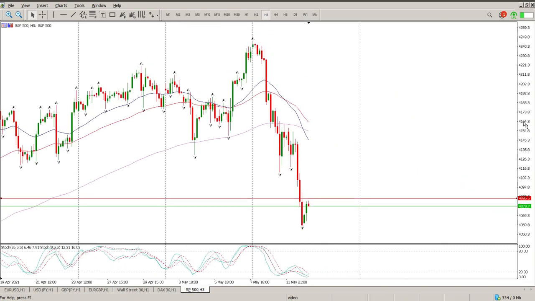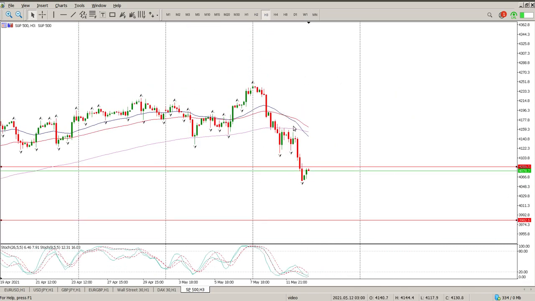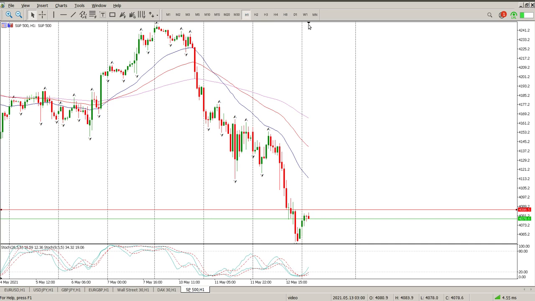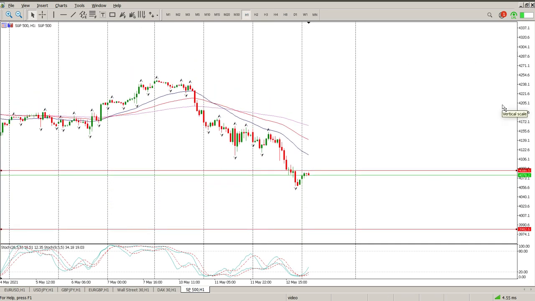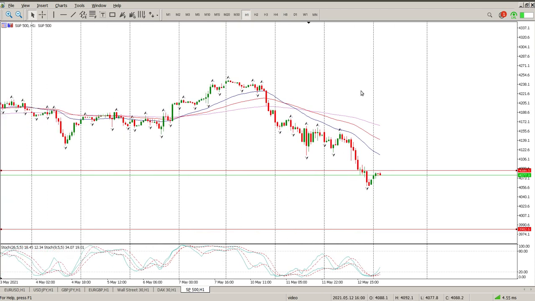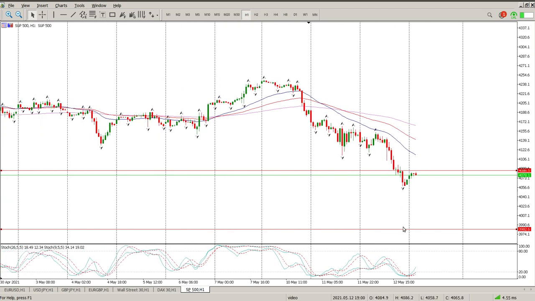Okay, so nothing really new on the 3-hour, apart from the fact that we've got some moving average crossovers. So we're in an area where there is potential for a continuation to the downside, but pretty much down to this area here of 39.82, or probably an ambush just before that at 4,000.